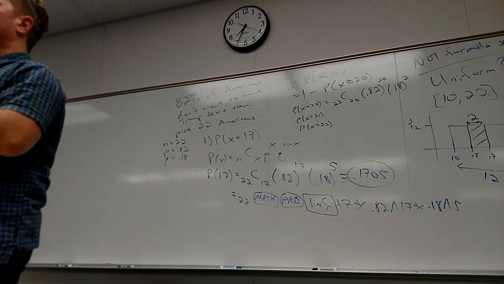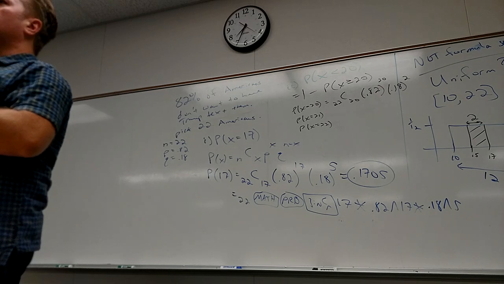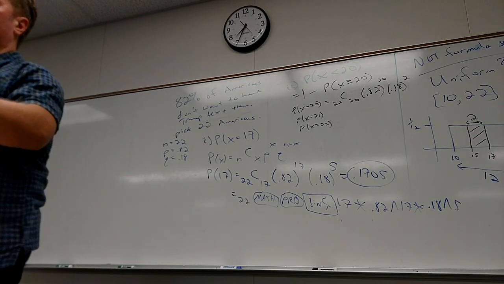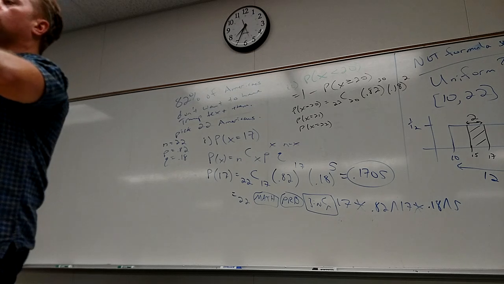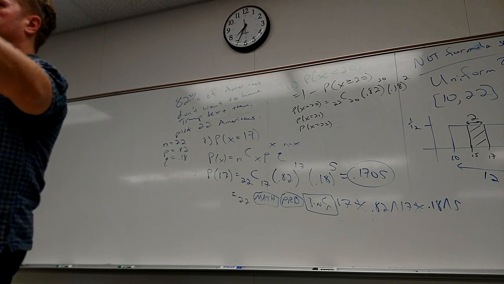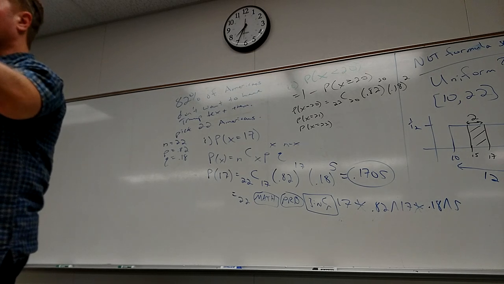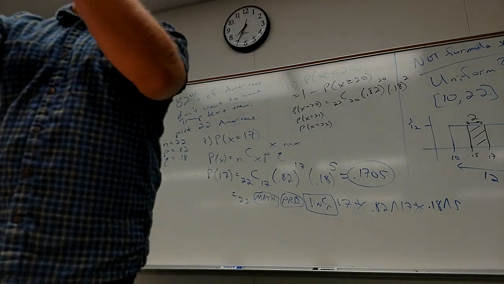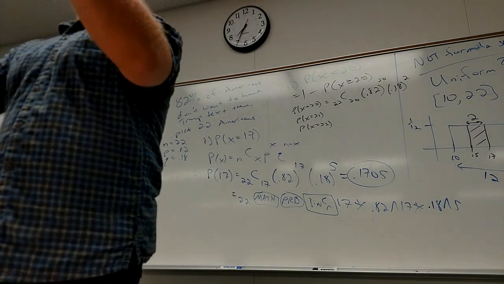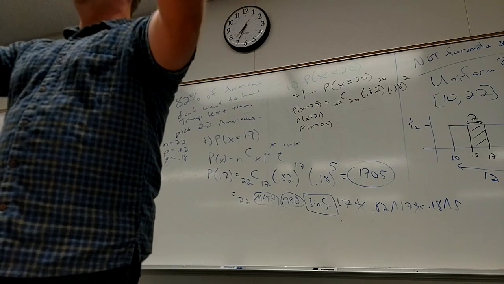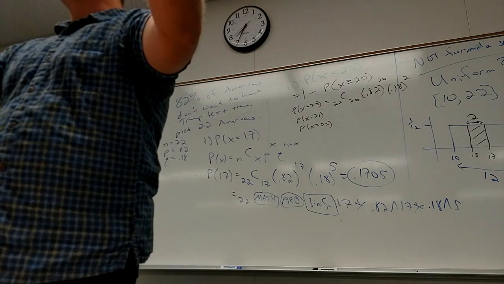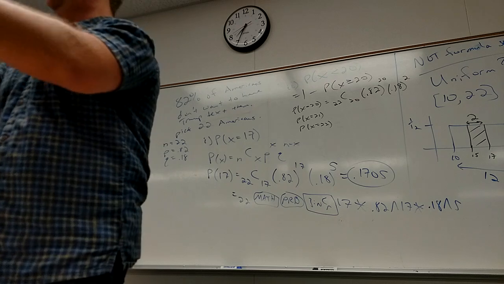But the real reason I did that on the last one is to show you I don't care what the distribution is to begin with. It could be binomial, it could be uniform, it could be whatever. What do I do when I take a sample and I ask about the sample mean? I change the standard deviation, right?